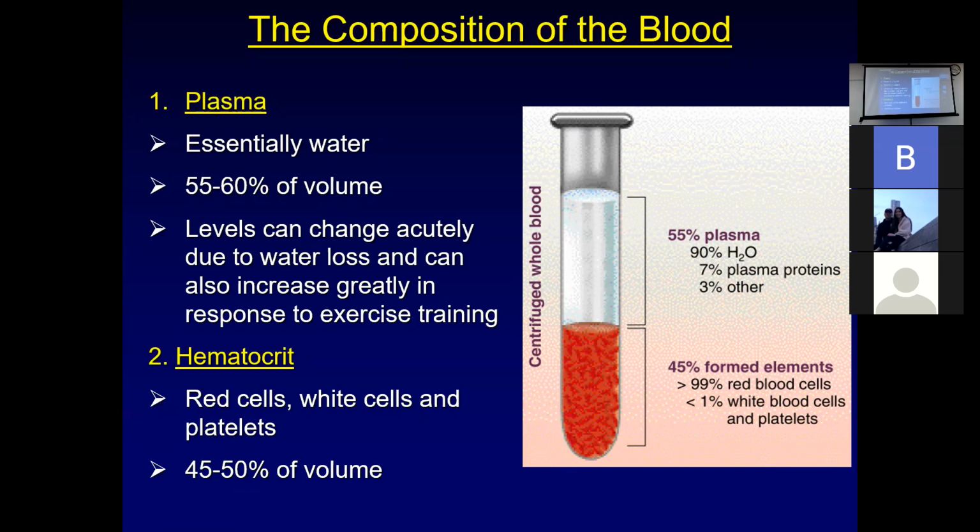If you're anemic, which tends to be more prevalent in women, ladies, some of you are probably anemic or close to being anemic. You may be under 40% on your red blood cells as a percentage.